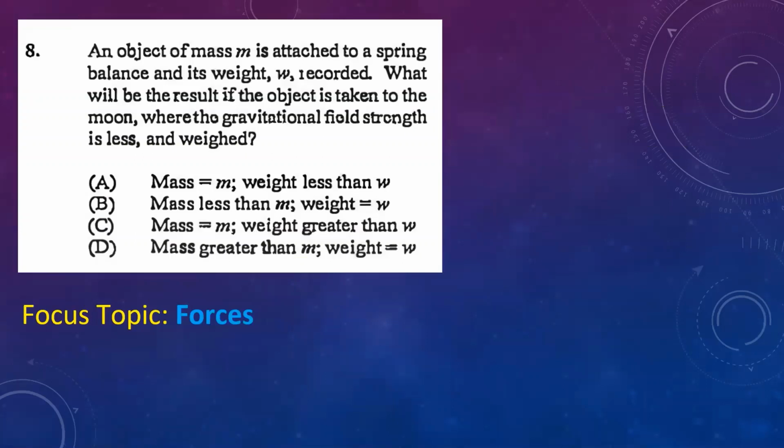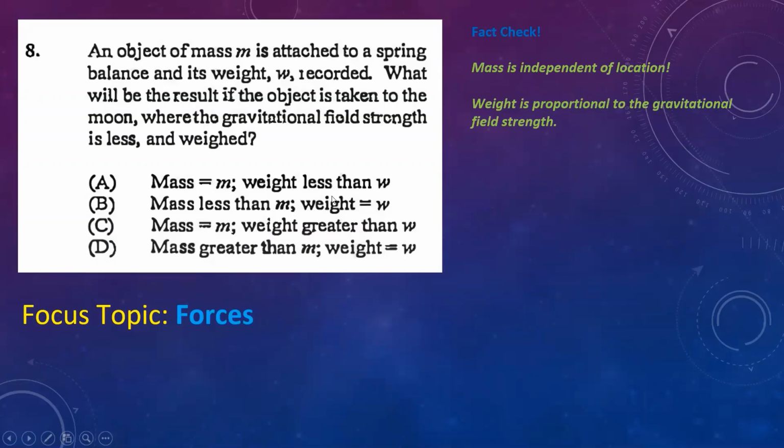Number 8, an object of mass M is attached to a spring balance and its weight W recorded. What will be the result if the object is taken to the moon where the gravitational field strength is less and weighed? Now we know that mass doesn't depend on location.